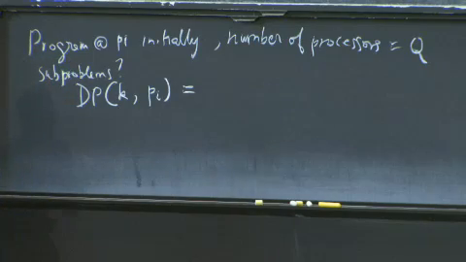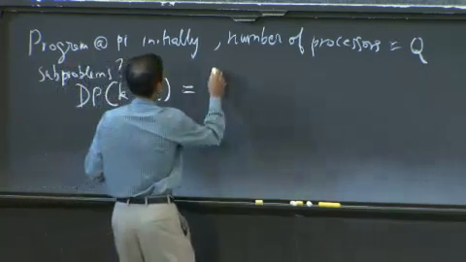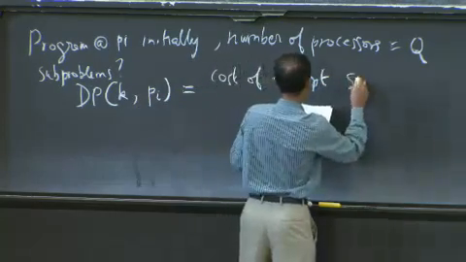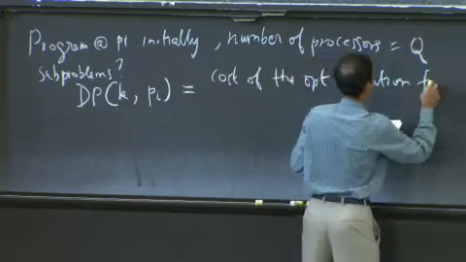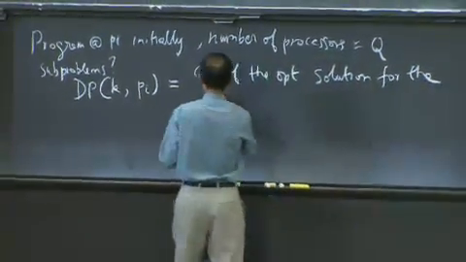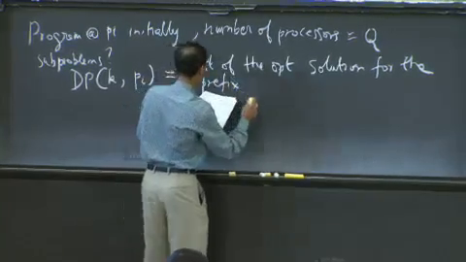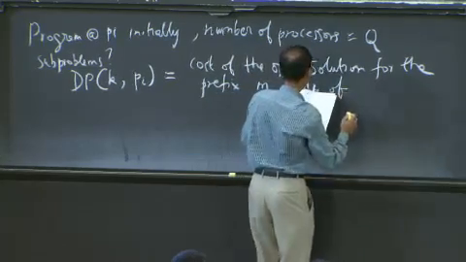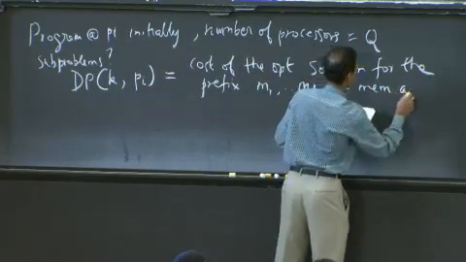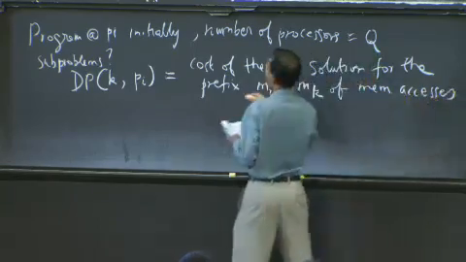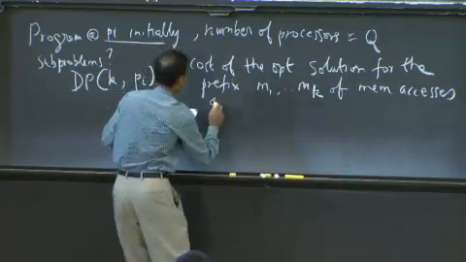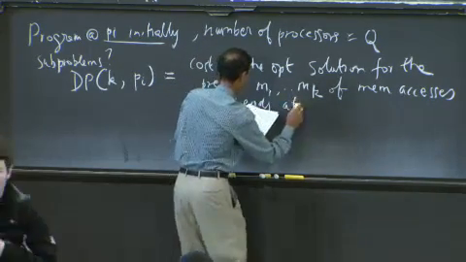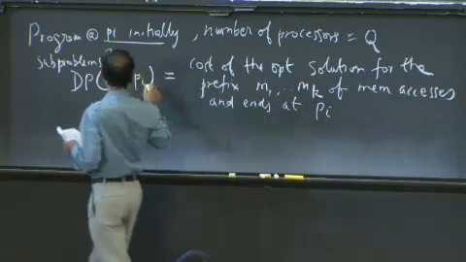And so dp[k][Pi] is the cost of the optimal solution for the prefix M1 through Mk of memory accesses when the program starts at P1 and ends at Pi. So that's my subproblem.